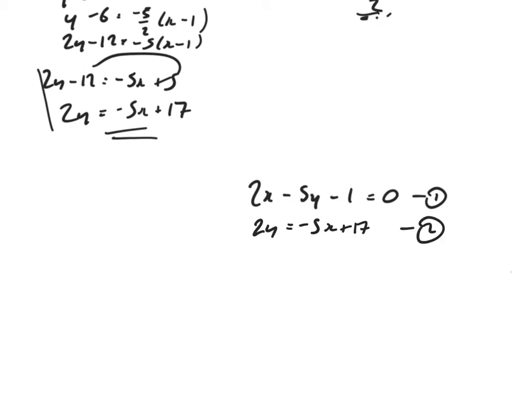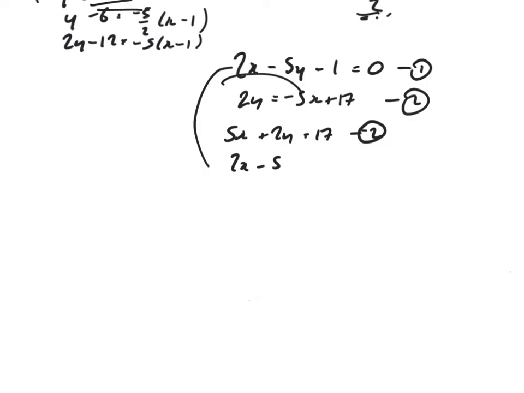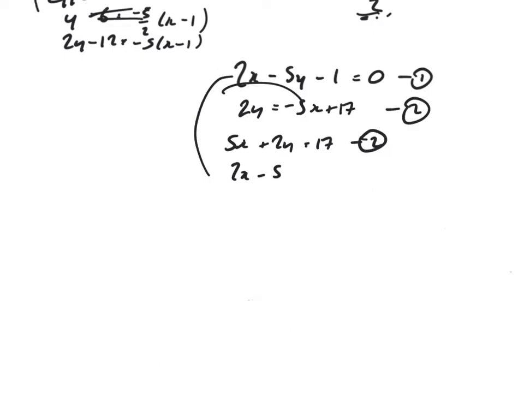Let's rearrange these. Bring that over, so that'll be 5x plus 2y equals 17. That's me rearranged equation 2. And line equation 1 up there, so 2x minus 5y equals 1, that's equation 1.